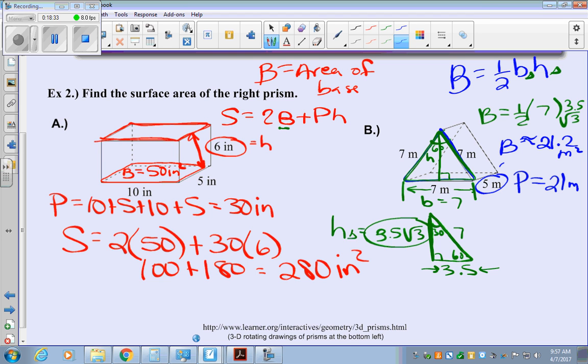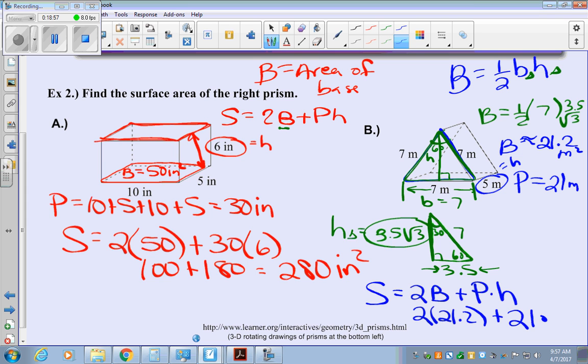So let's go ahead and grab that formula. Surface area equals 2 times the base area plus perimeter times height, and plug in what we got. Area of the base was 21.2, perimeter is 21, and that height is 5.